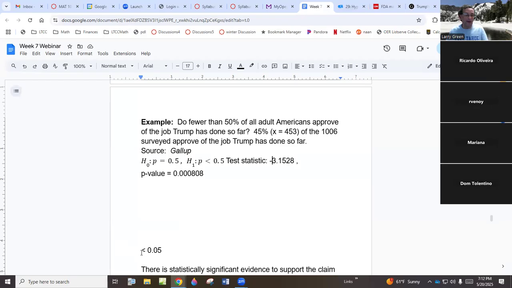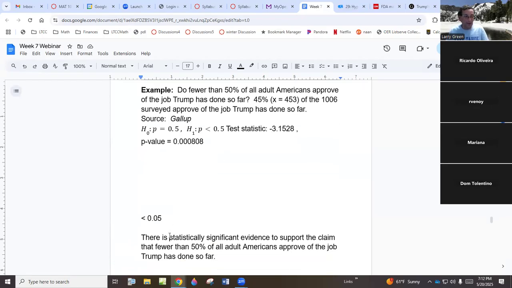By the way, the p-value is definitely less than 0.05 by a lot. So in fact, we can write strong because it's less than 0.01. By the way, if you don't have a level of significance, then you just use the word strong if it's less than 0.01: strong statistically significant evidence.